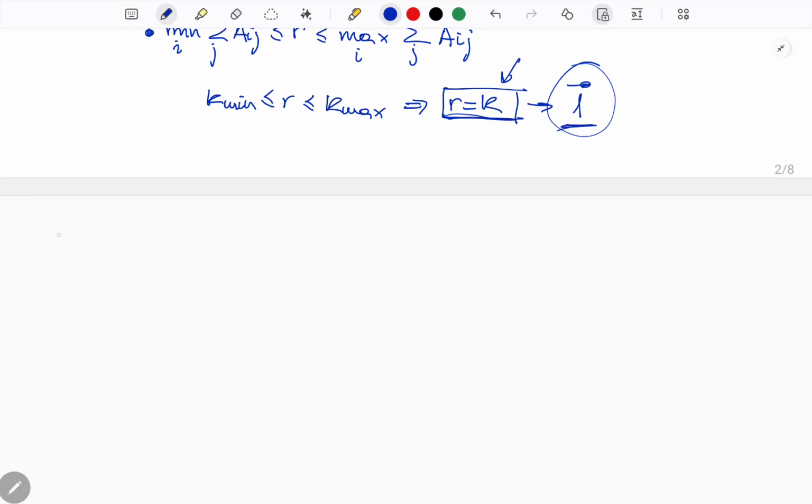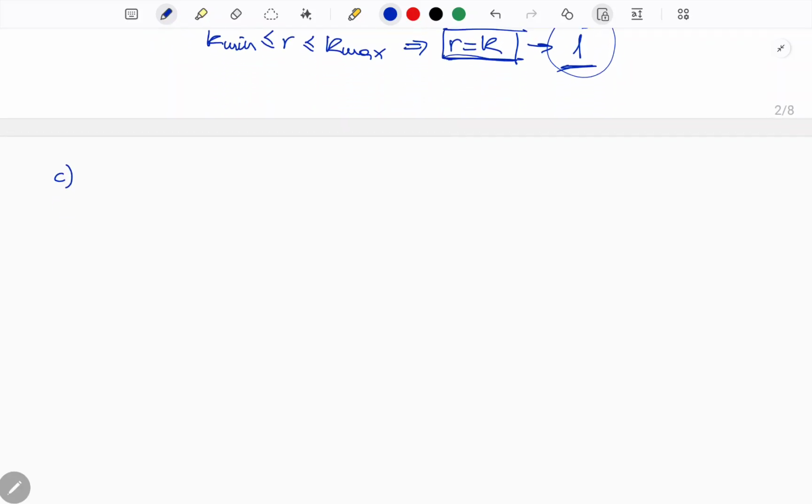Let's see, in question C, they ask about the Katz centrality. So we are going to calculate the Katz centrality, which is the one that solves this equation. This is the equation for the Katz centrality. If we write this in vector notation, we have that the vector x is equal to alpha times x times A, plus the vector of ones.